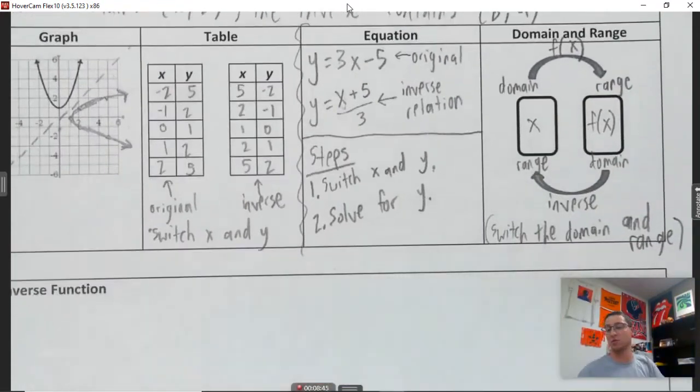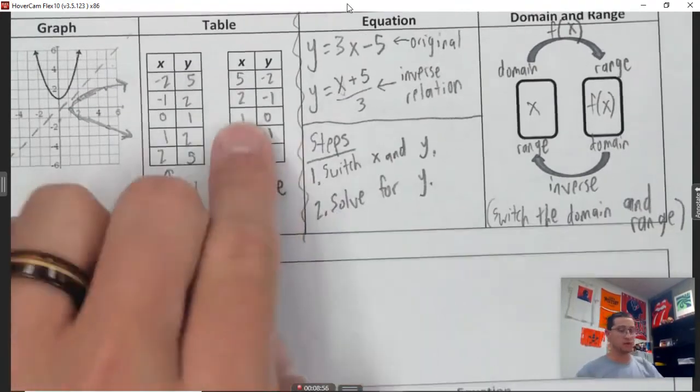It is that simple. That's what happens with inverses: it's switching your x and y, as we can see in the table.